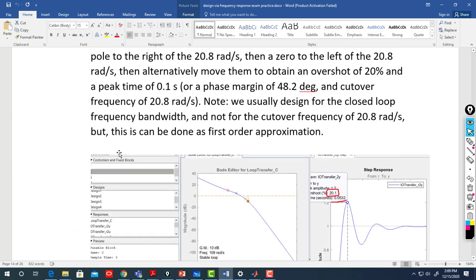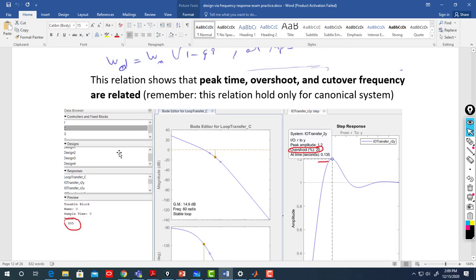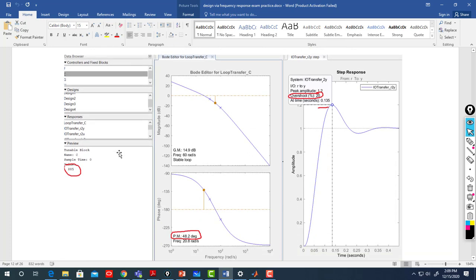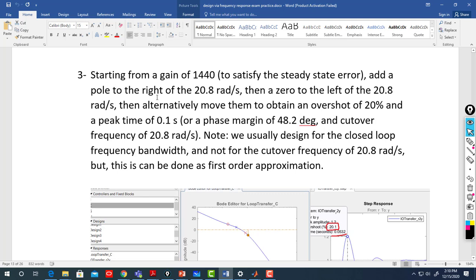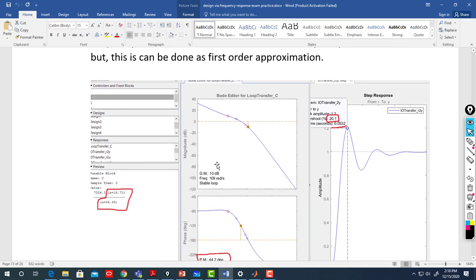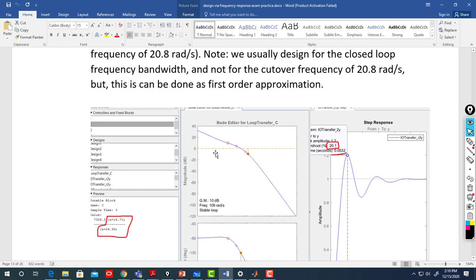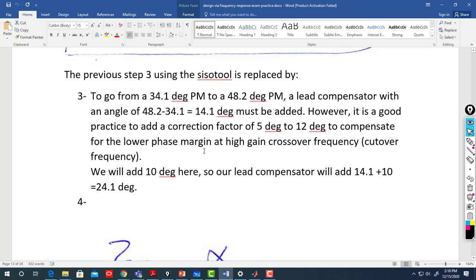So that means step 1 and step 2 should stay the same. You do them and extract the information you need. And now instead of doing step 3 this way, adding the zero and pole around the 20 radian per second and trying to adjust them to satisfy your requirement, what we'll do in this step is the following.